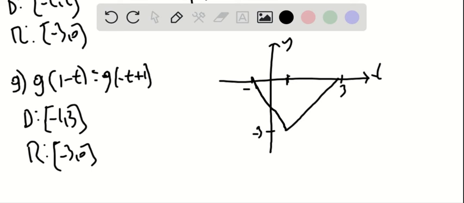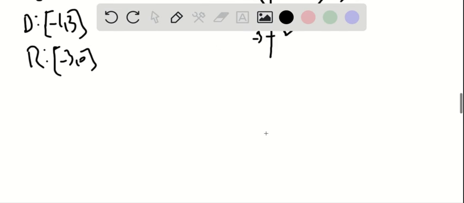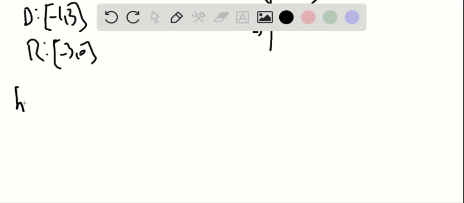All right, on to h. In h, we have the function negative g of t minus 4.